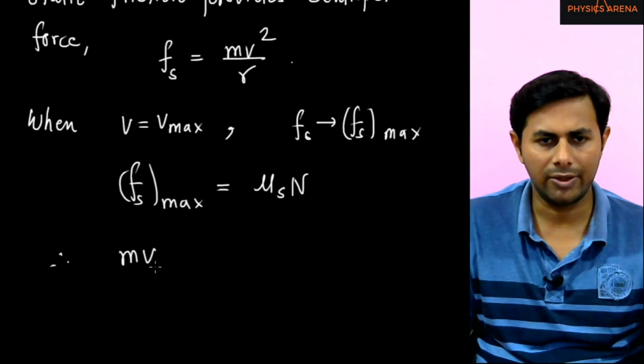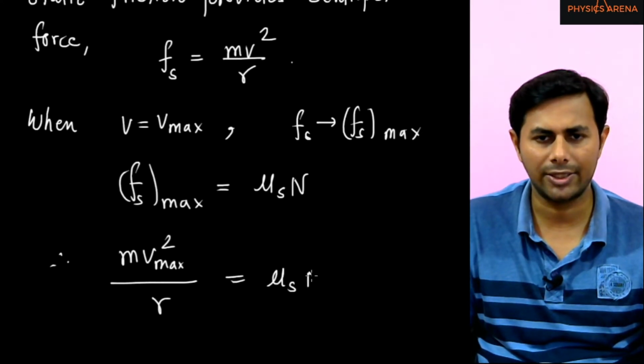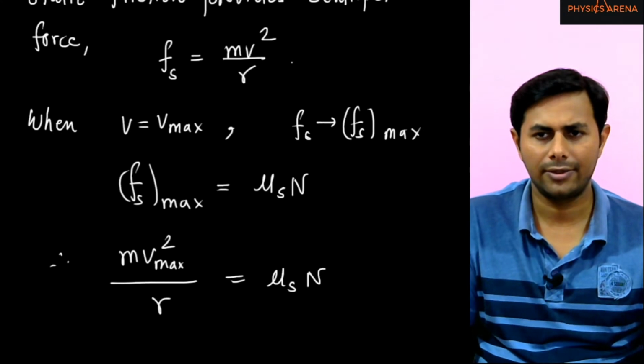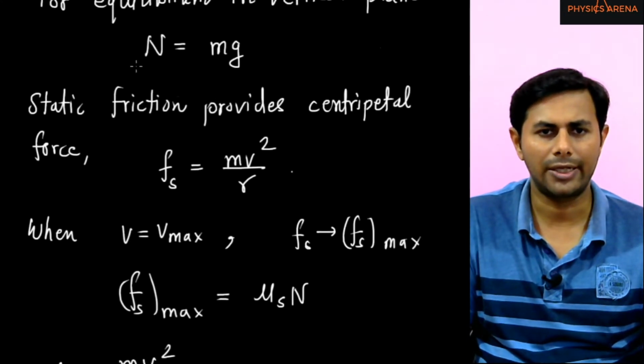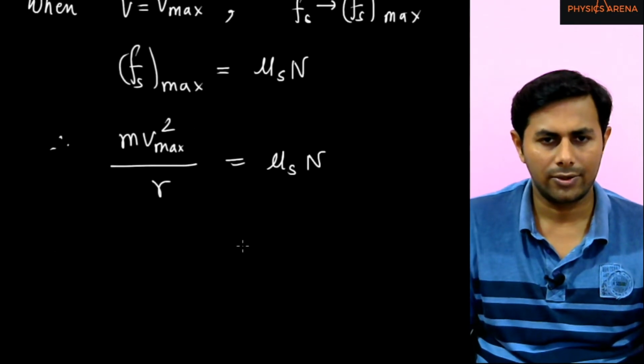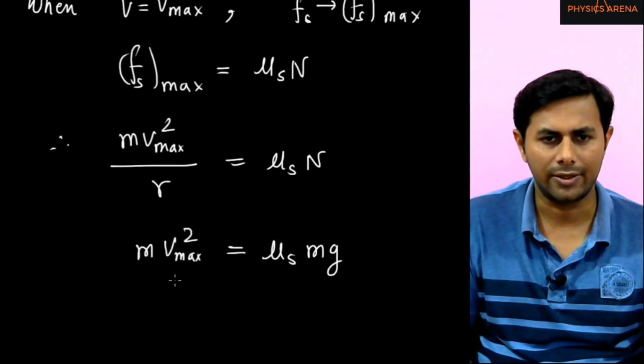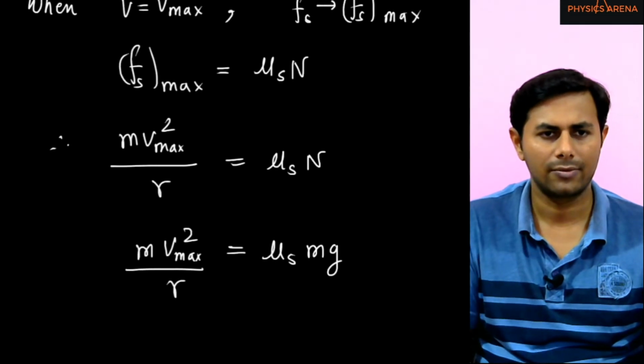M times Vmax squared over r is equal to mu times mu s times the normal reaction, and we saw that normal reaction is equal to mg. So which is equal to mu s times m into g. It is m times Vmax squared over r.